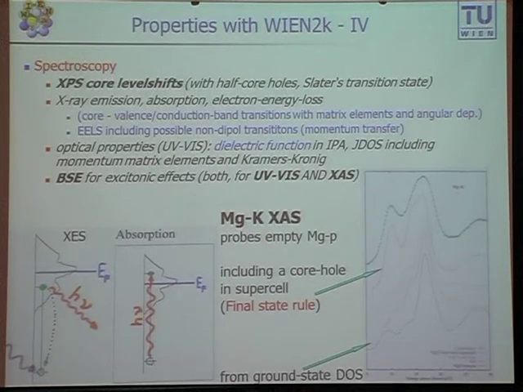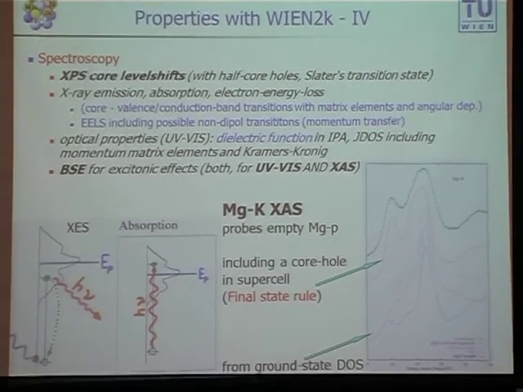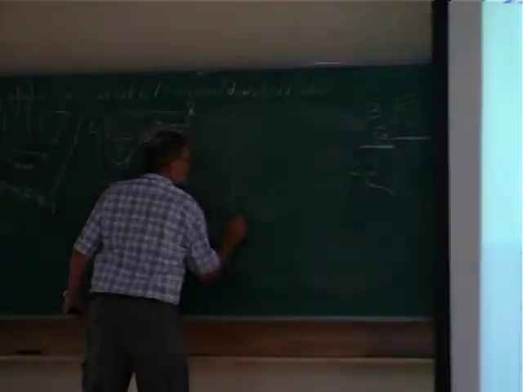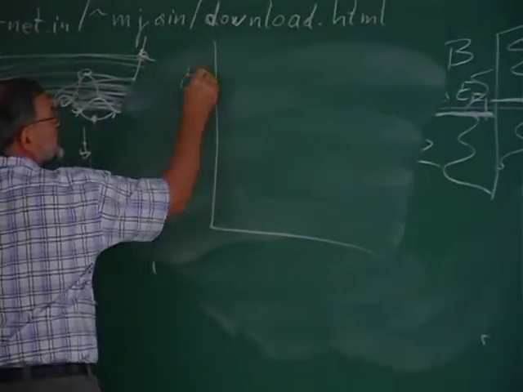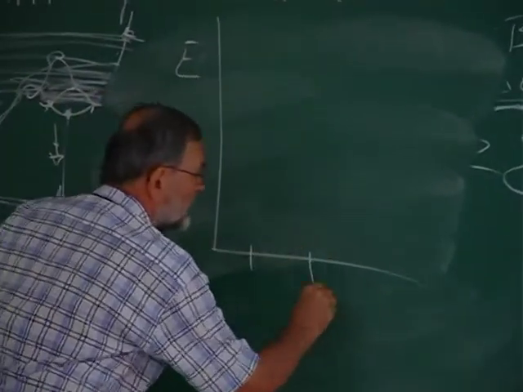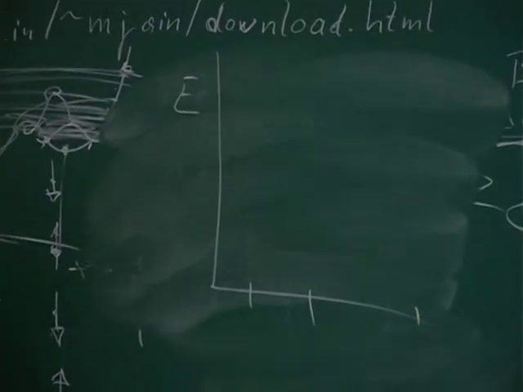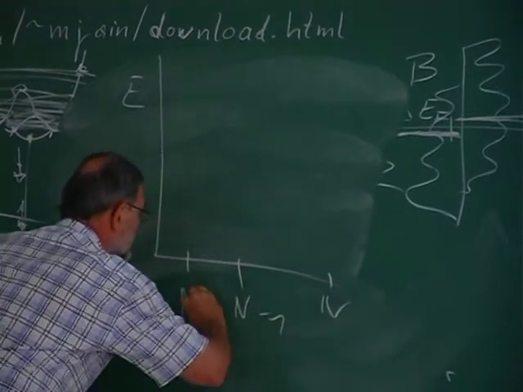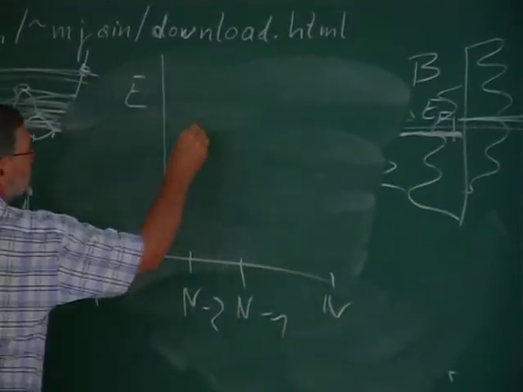Can I explain this? Then might be interesting because it has also a connection to what you have seen yesterday. Yesterday, it was shown that the total energy as a function of occupation number, n minus 1, n minus 2, was changing, right?